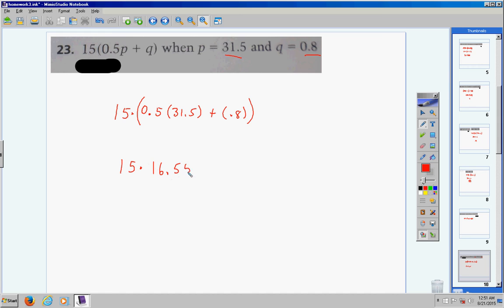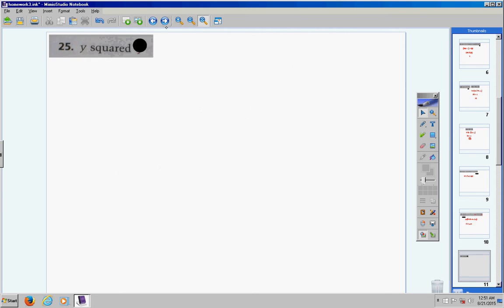Okay? And now multiply those two together using your calculator, and you should get 248.25. Okay? So the last problem, number 21 and number 23, really, to be honest, not too difficult as long as you know how to use your calculator, okay? You're just simply typing those in.